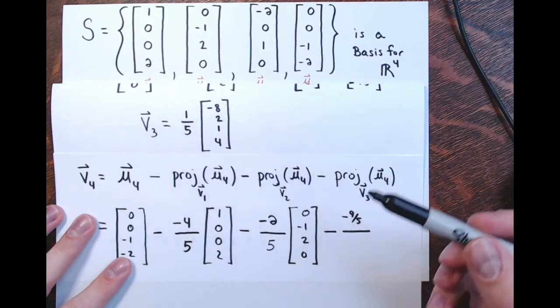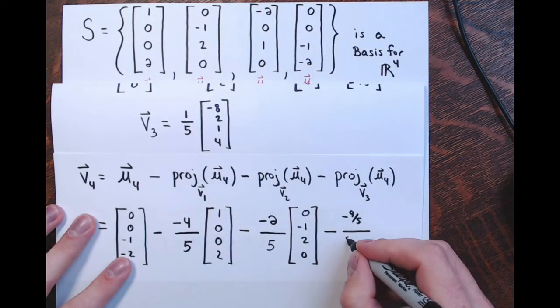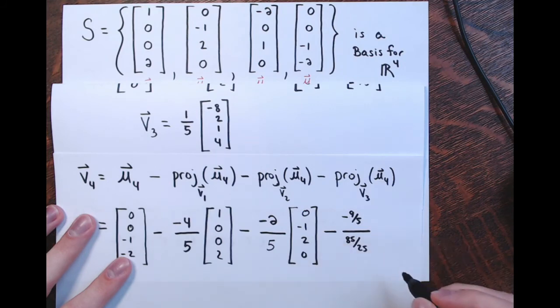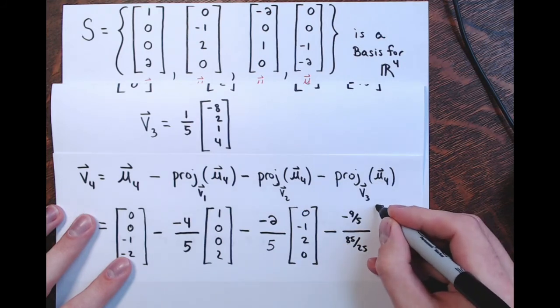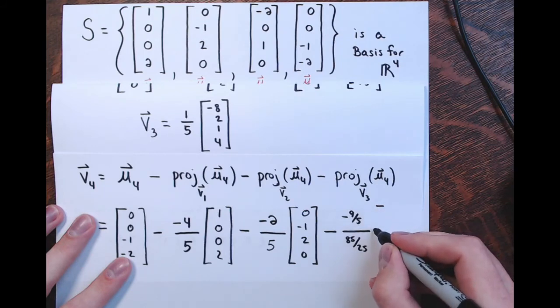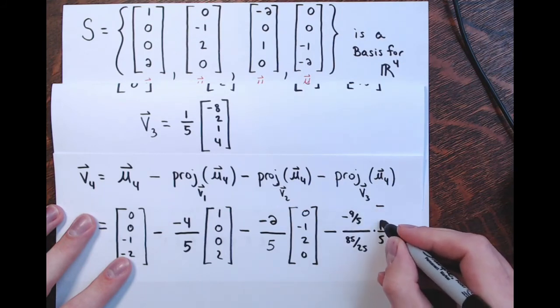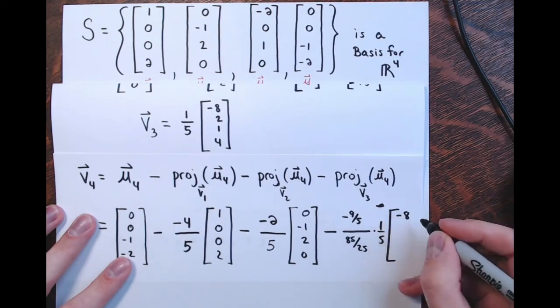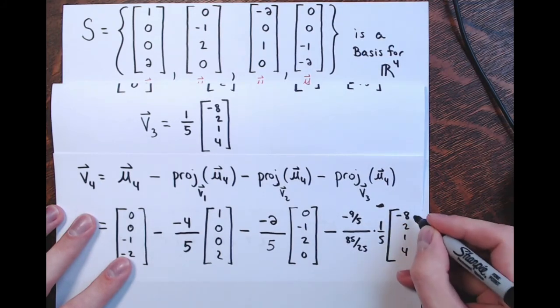I'm just squaring all these. And then we have times 1/25. So 85/25 is the dot product of V3 with itself. And then times V3, right? Times 1/5, another fraction here, times the vector -8, 2, 1, 4.